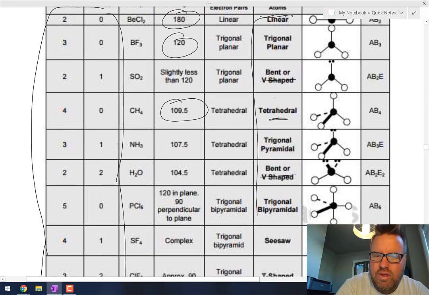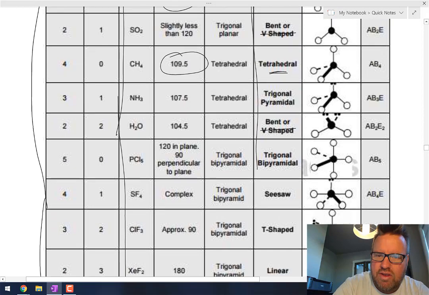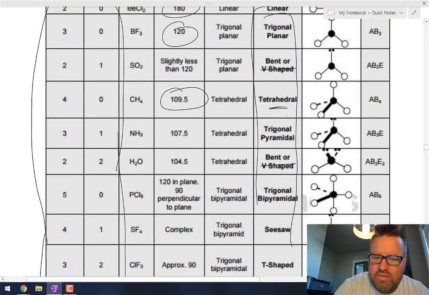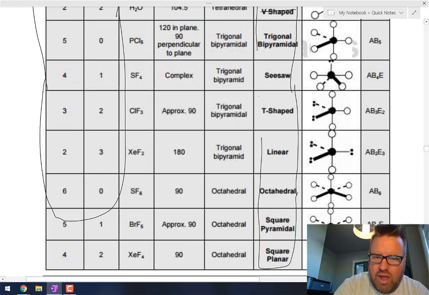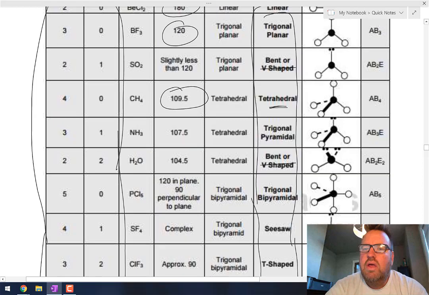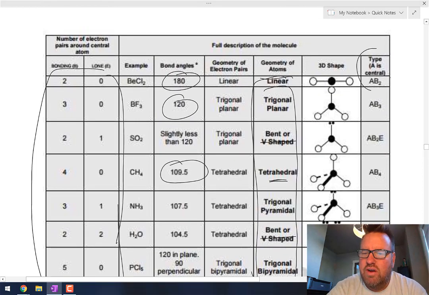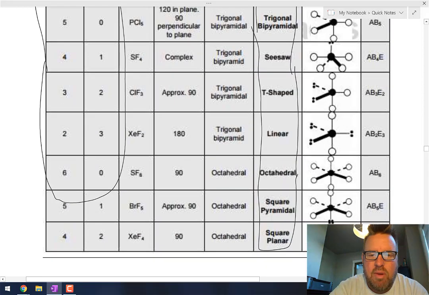All of these are the shapes that you need to be familiar with, and we'll talk about how to use that in just a second. They have examples over here on the right-hand side, but really it's the number of bonds, the number of lone pairs, and then the geometry or the shape of that molecule.